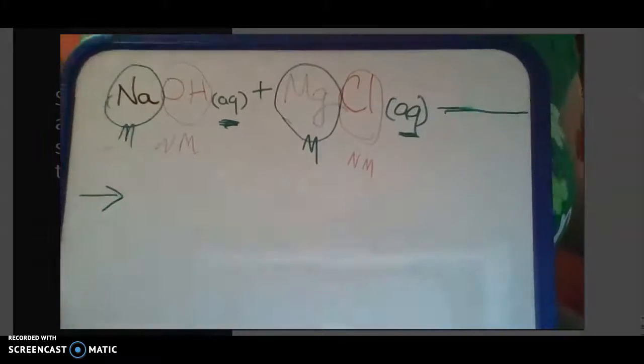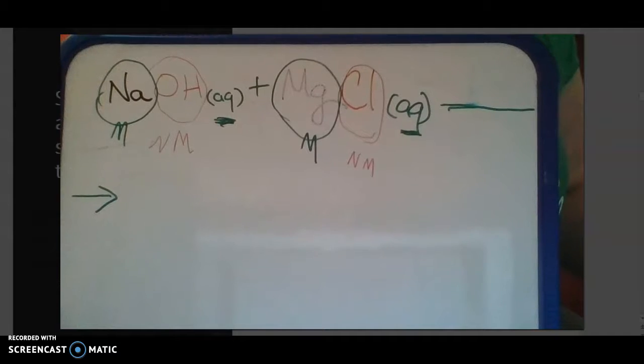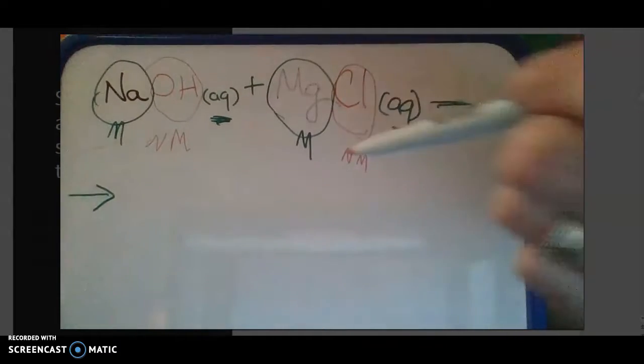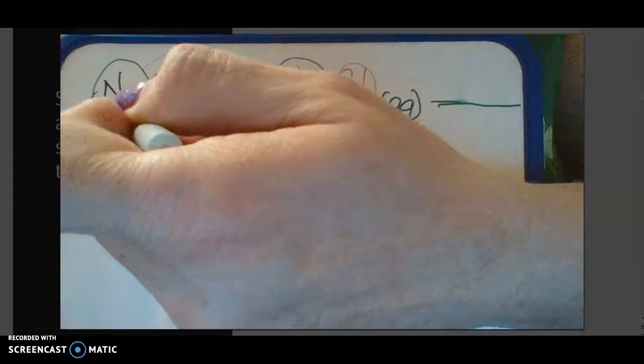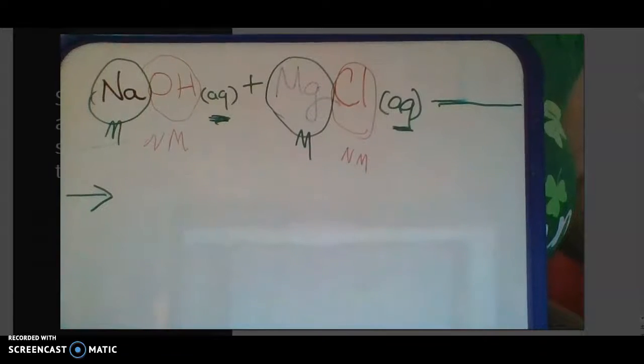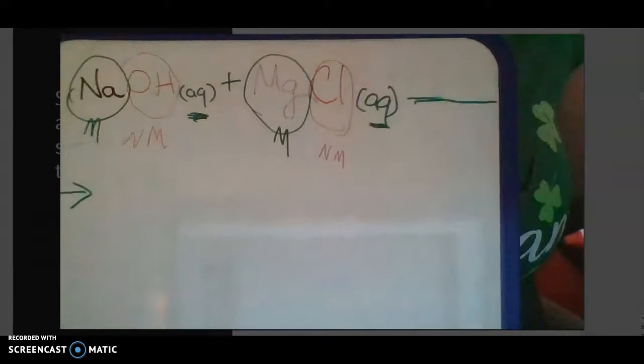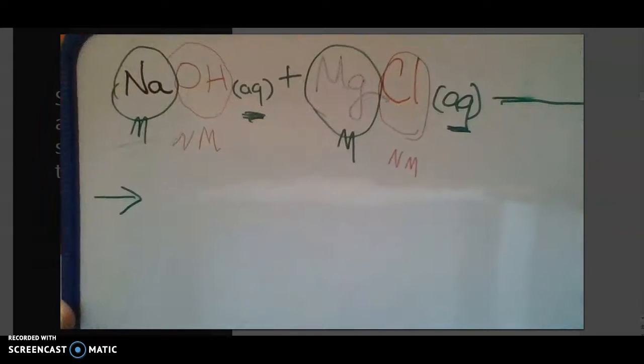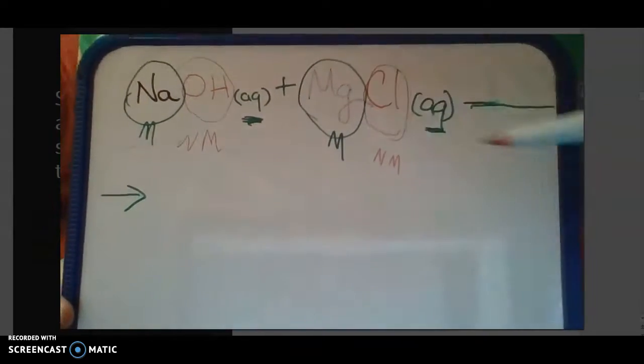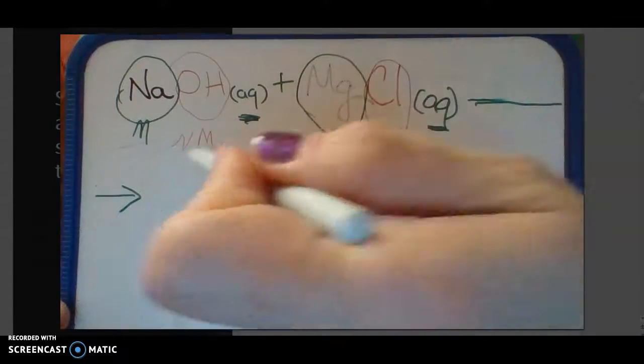Two non-metals, to be exact. That is a polyatomic ion. So remember that when swapping, you can't put a metal and a metal together. That's a no-no. What you have to do is literally just swap the dates.